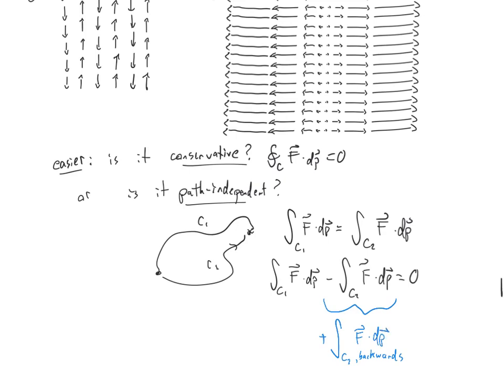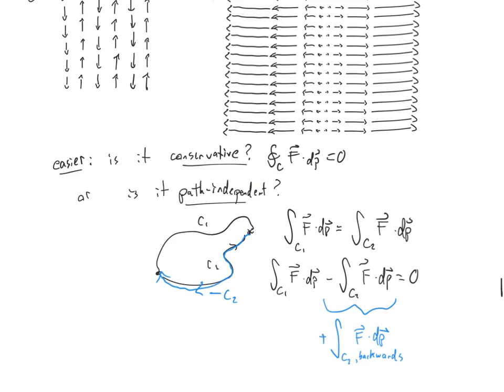So minus C2 is this blue curve, flowing in the opposite direction of C2. And if you look, doing C1 and then doing C2 starts at this point, and so you're doing a loop.